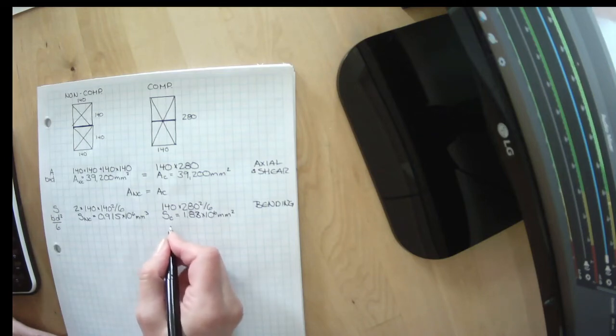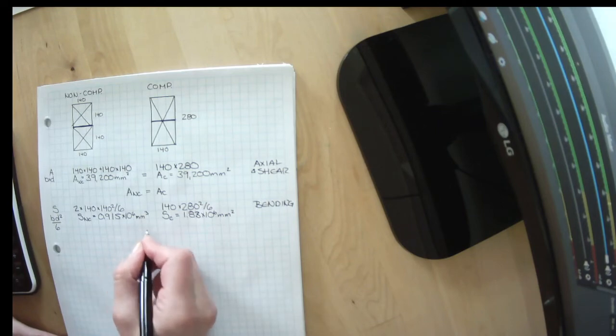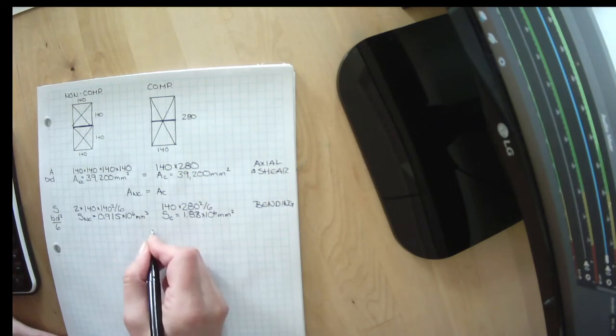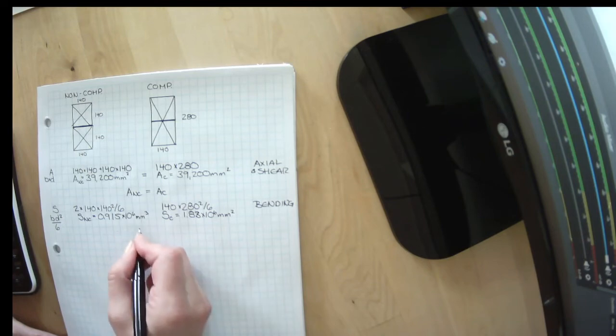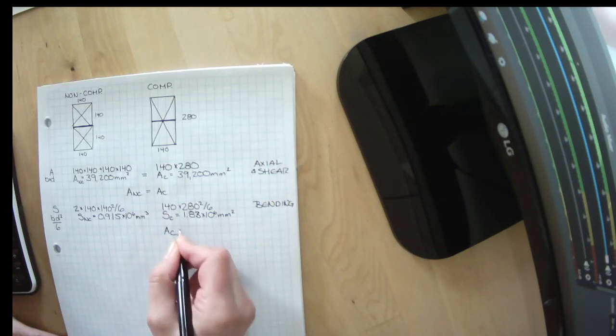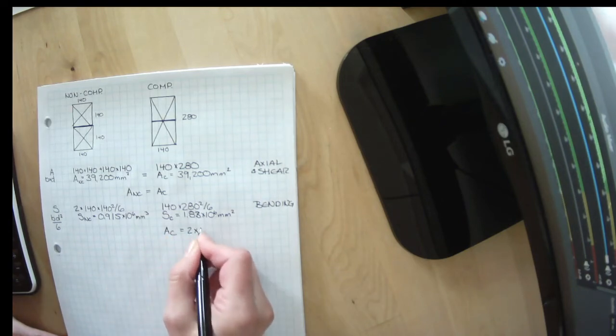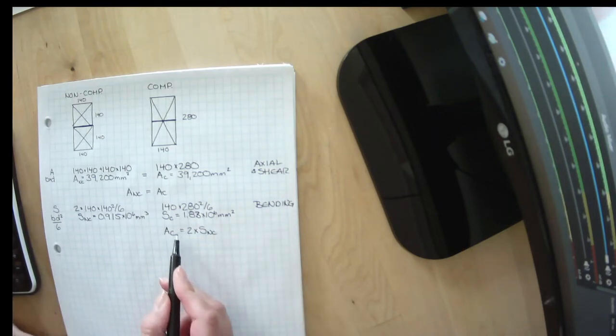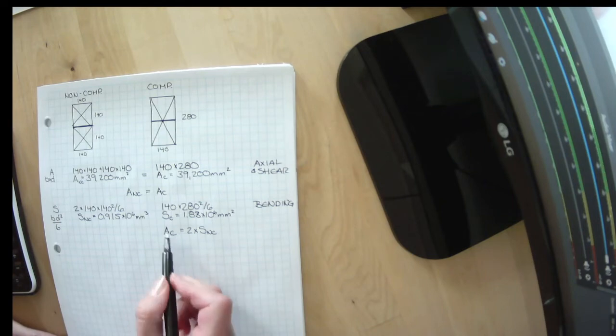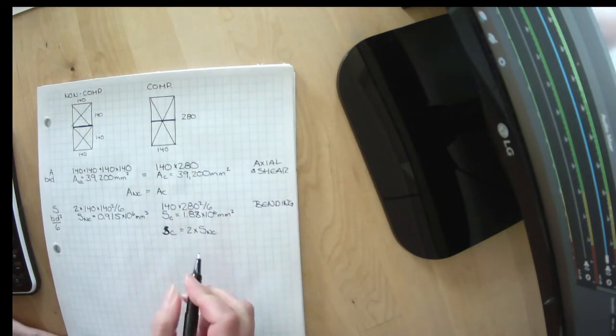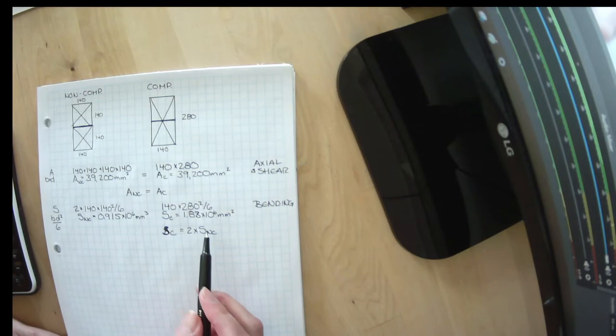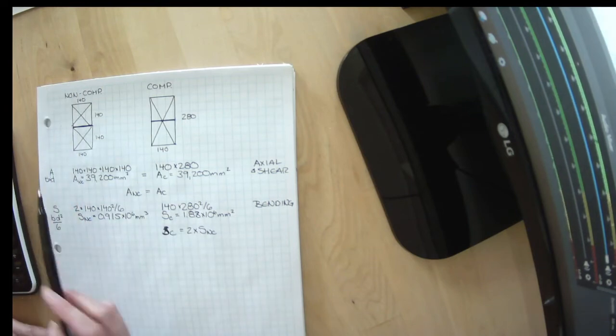The section modulus of composite is 2 times the section modulus of non-composite. So by making it composite, we have doubled the section modulus versus just sitting them on top of each other.